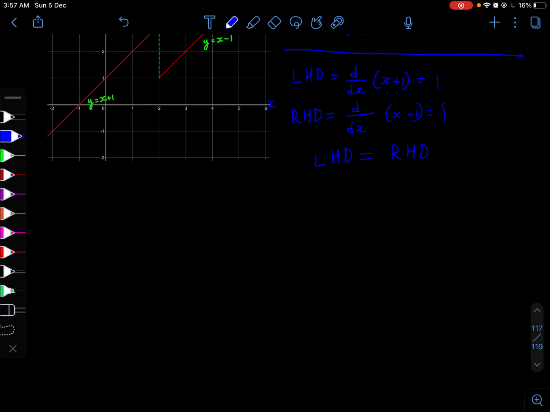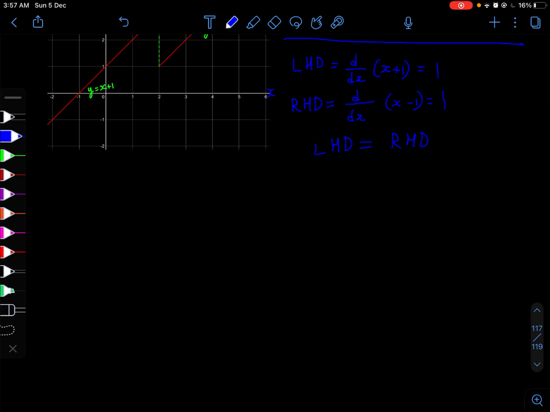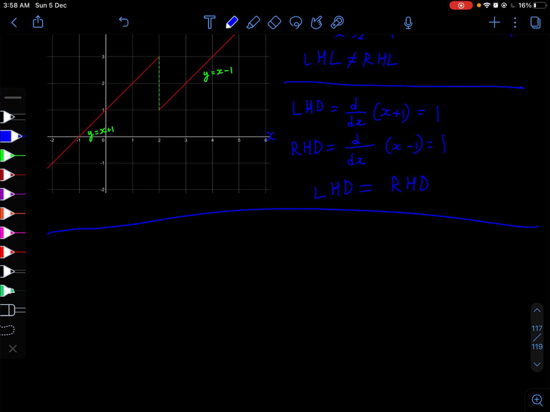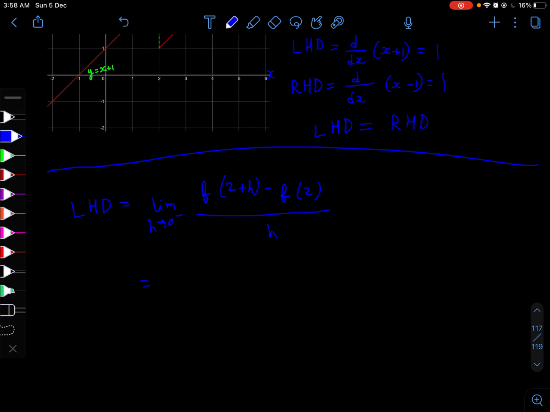So but if we apply the limits, then that would definitely work properly. We don't have to check the continuity again if we apply the limits. So the left hand derivative equals a limit as h tends to 0 minus of f of 2 plus h minus f of 2 divided by h, which is equal to the limit as h tends to 0 minus of.